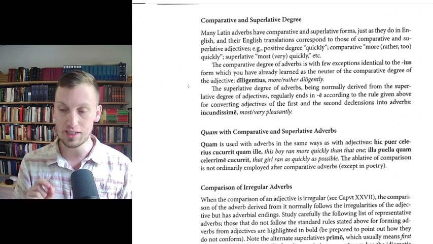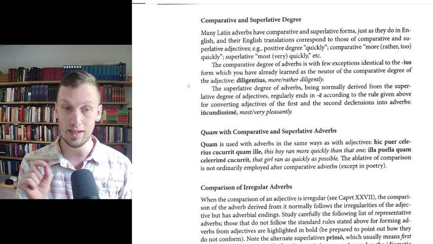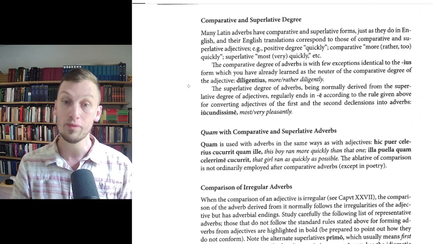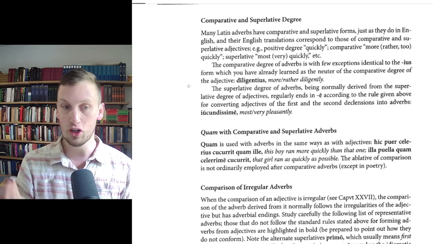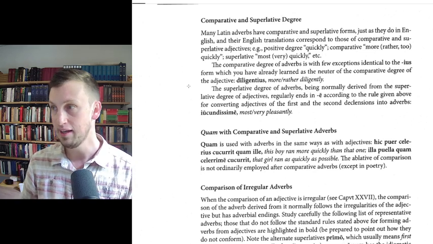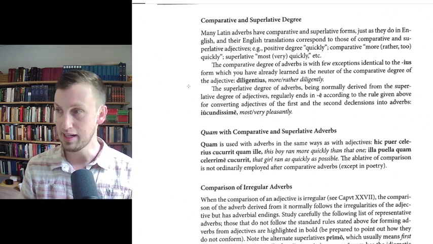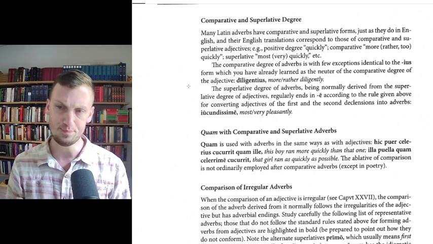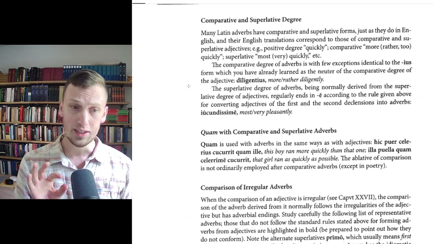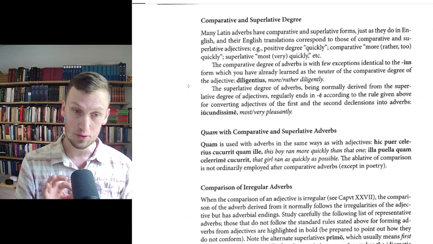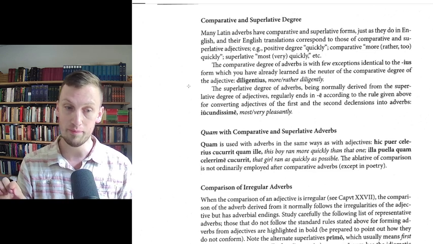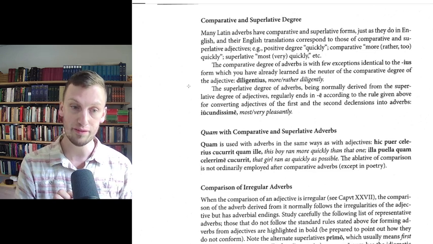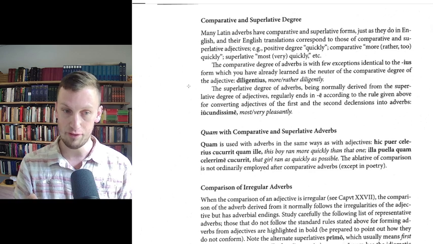The comparative adjective of the second declension is usually formed by ior, I-O-R. That's the masculine and feminine version. The neuter was ius. You can go back and find this in your textbook, chapter 27. So, Latin uses the neuter accusative form of its comparative adjective as an adverb.